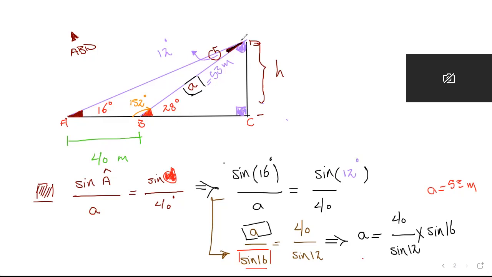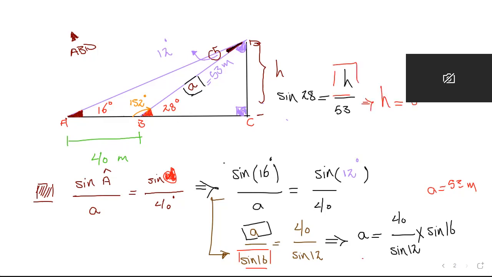We say that the sine of 28, what is the opposite of the sine 28? H that we are looking for. How much is the hypotenuse that we got? 53. That's right. Then what is going to be the H?